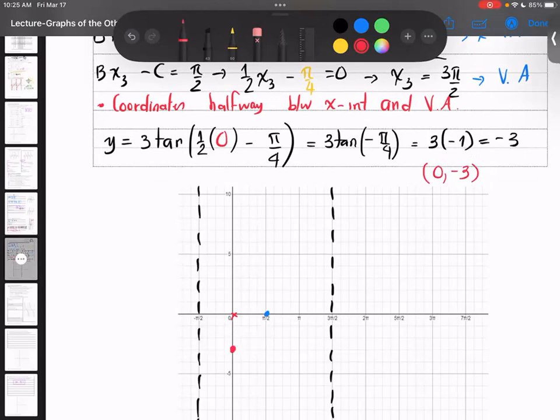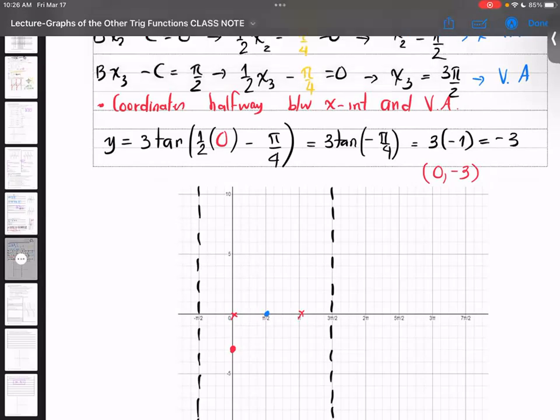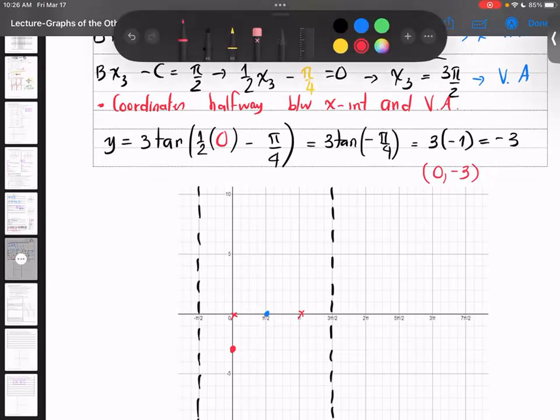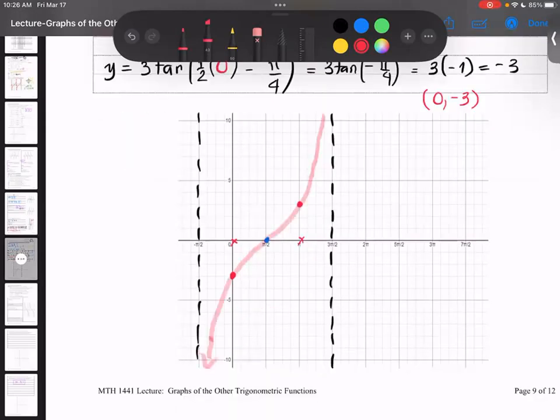Now you can do the same for this one, but I know that this is one of them. The other one is symmetric, because the tangent graph is an increasing graph, right? Instead of negative 3, it's going to be positive 3. You don't have to do another calculation. Yay. You're done. I'm done.